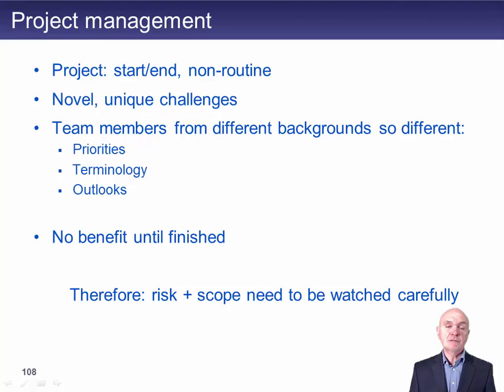Third, most projects of any size will eventually require a team of people, maybe drawn from all the departments who are affected by the project. And these people come from different backgrounds, and they come with different priorities. They want different things out of the project. So if you're thinking of an IT project, maybe the people in the accounting department want very good internal controls, lots of passwords and so on to make sure that it's very secure.